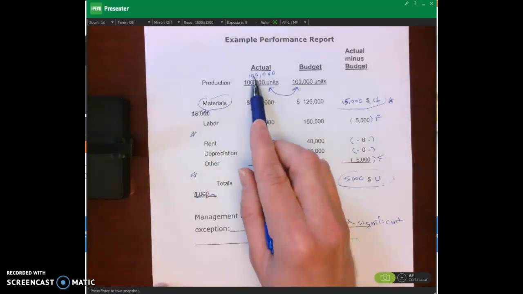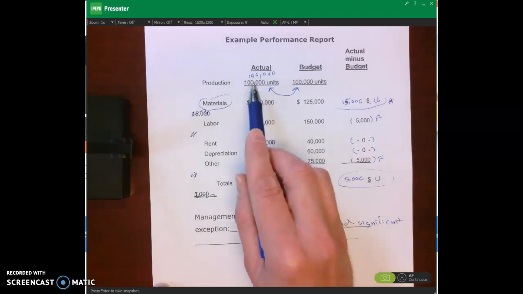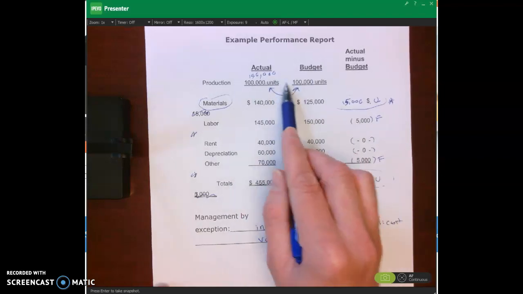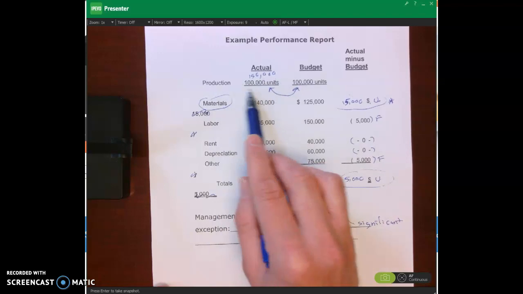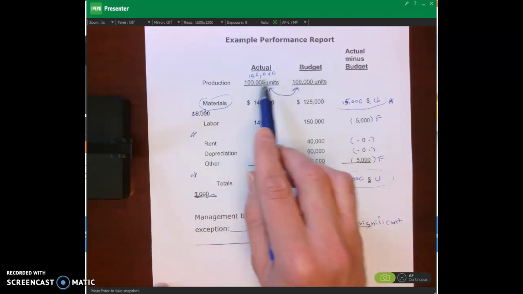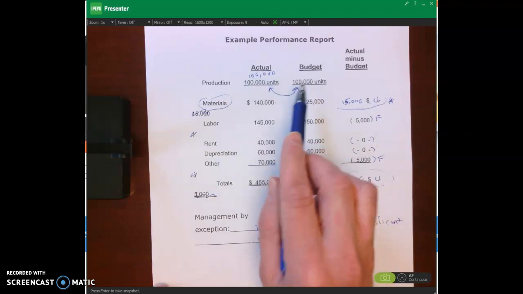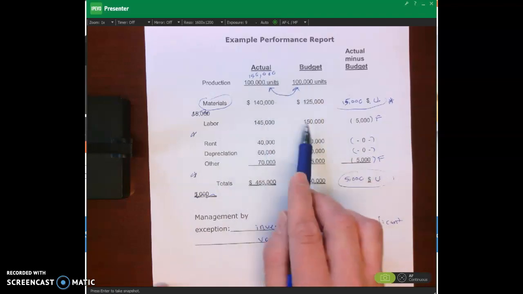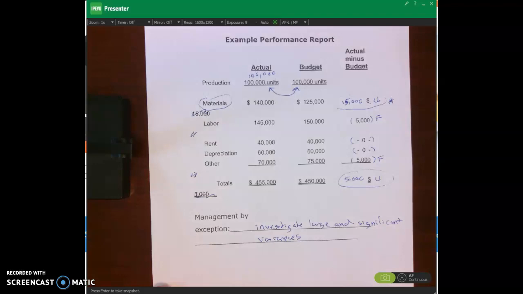So it wouldn't make sense in that situation. So what we would need to do is to put the budget back on the same level as the actual and make sure that actual production is the same as budgeted production so that comparing these numbers makes sense. Okay? And that's something that we will talk about in future lecture videos in more detail. Thank you.